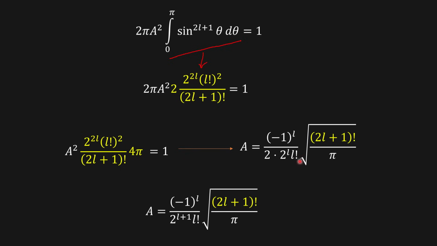So this will become L factorial. Then if you take the square root of 4, you will get 2. And the square root of pi, I have taken inside the square root. Now you can see 2 into 2 power L will become 2 power L plus 1 multiplied by L factorial, and remaining thing, square root term as it is, 2L plus 1 factorial over pi. Here, this minus 1, what I have given here is arbitrary phase factor.